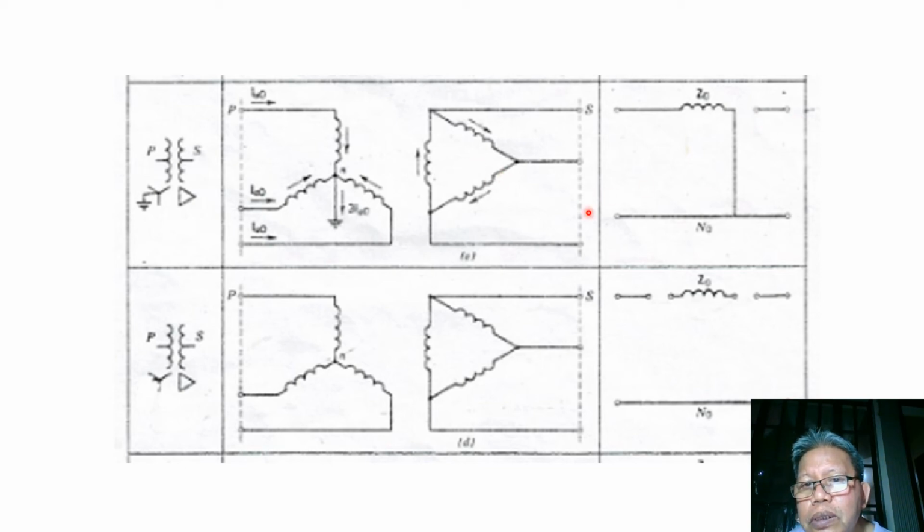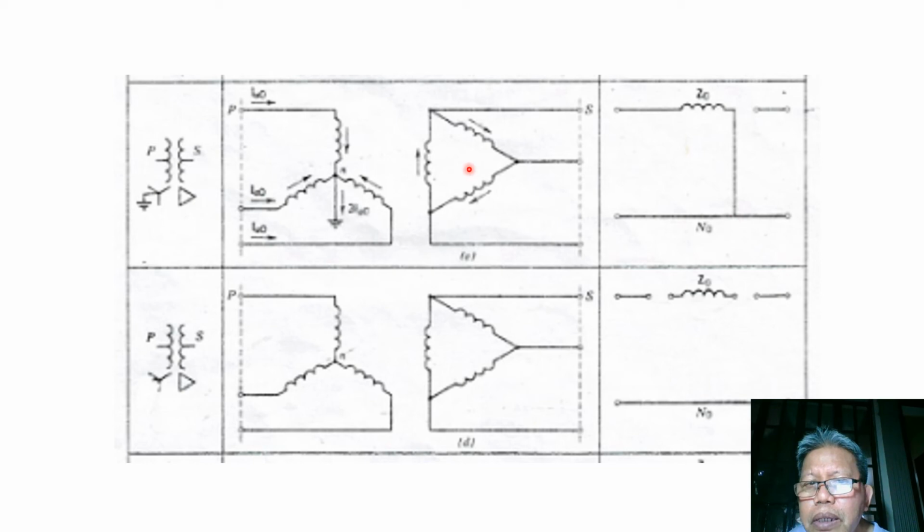Now, however, in the secondary winding, we have the impedance here, equivalent impedance Z sub O. So with respect to the neutral, it will just go down here to the neutral, because we have circulating currents here, meaning the current can now just flow from one terminal to the neutral.